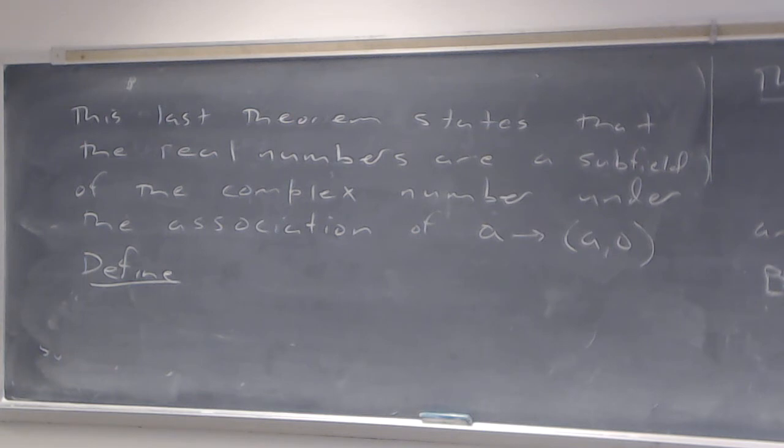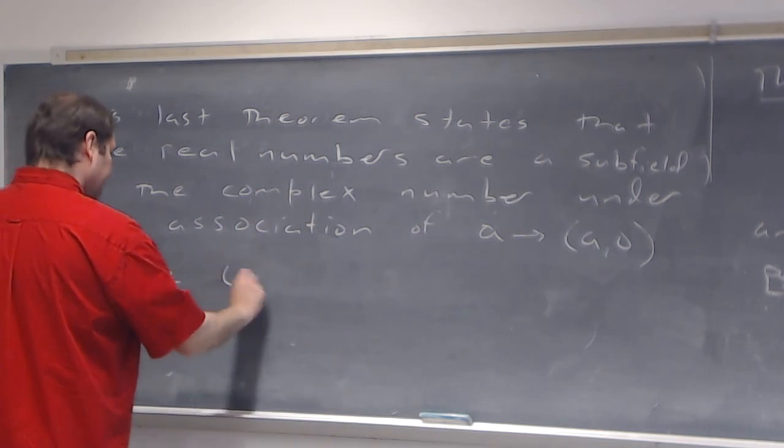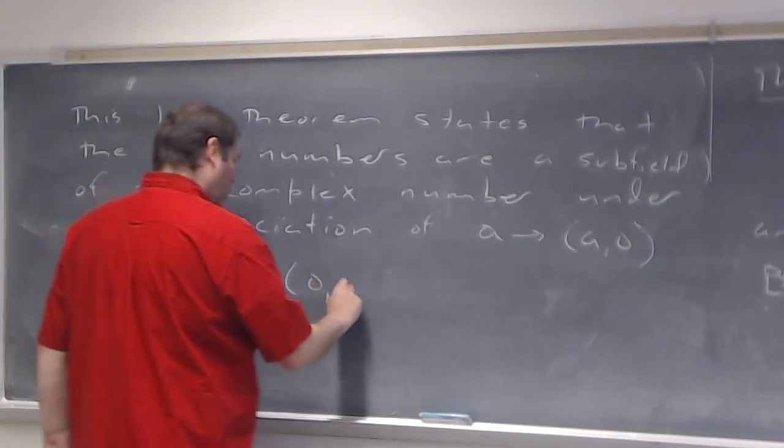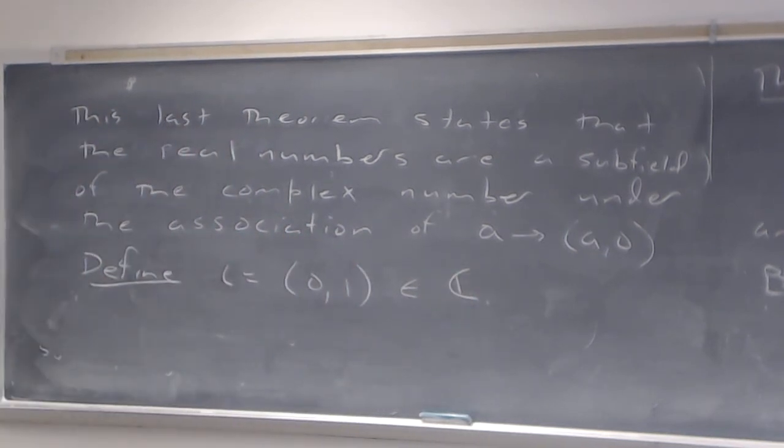So here we're kind of looking at it in a different way to start off with, but we're going to relate that to the A plus BI way. But first of all, let's define that I. So I is going to be defined by (0, 1), and that's the complex number. And the big property of I is that I squared is equal to minus 1. It's a fact.